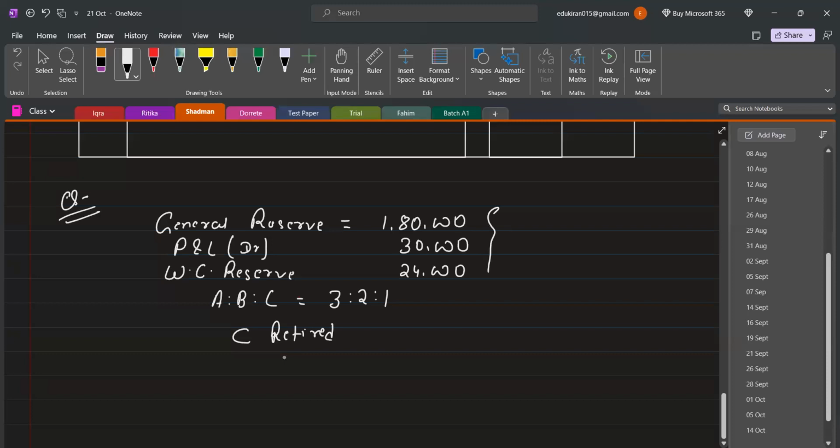Now pass the journal entry without asking any question right now. After you complete the entry, then you will ask questions. Can you show the question once? Yes, this is the question you are seeing. If you try to solve the question by asking me different questions, it will not be beneficial for you.